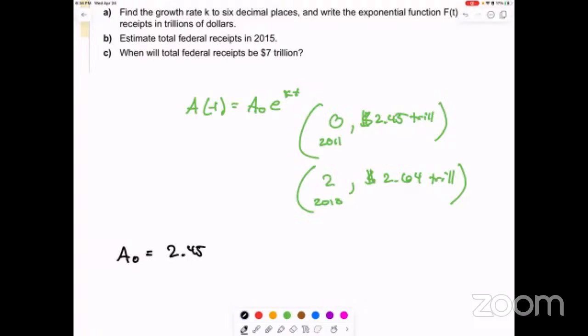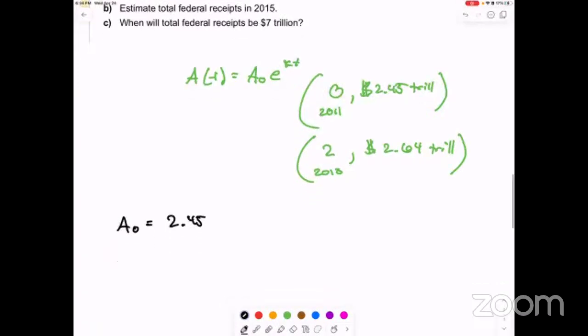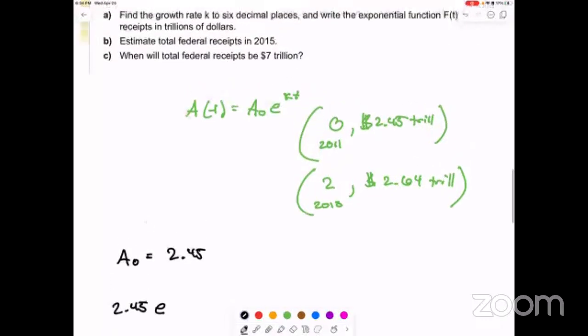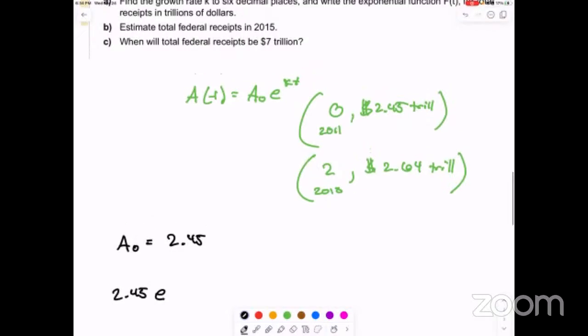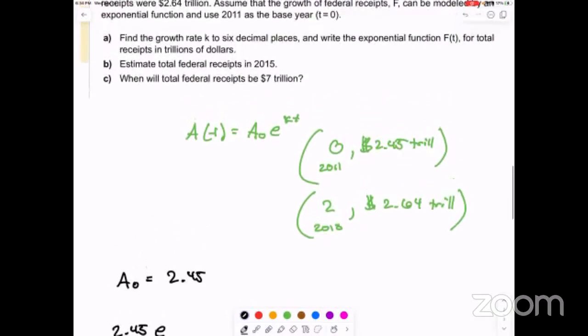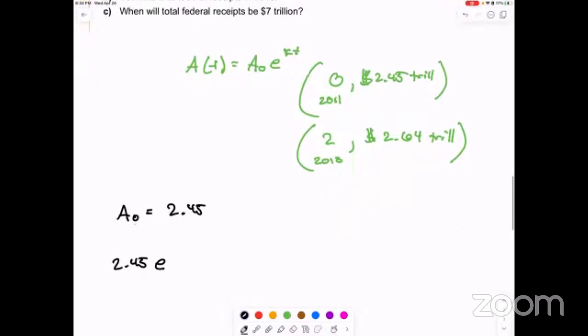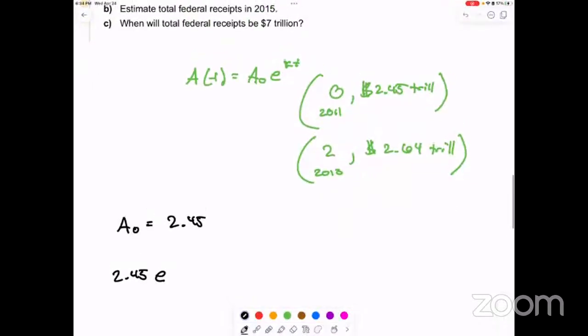Now with that, we plug that into the second piece of information. So our A naught should be 2.45 times e. We're trying to solve for k, right? Find k to 6 decimal places, and write an exponential function. Let's keep going. The time was 2 years later, so it's 2k, and we finish with 2.64 trillion.